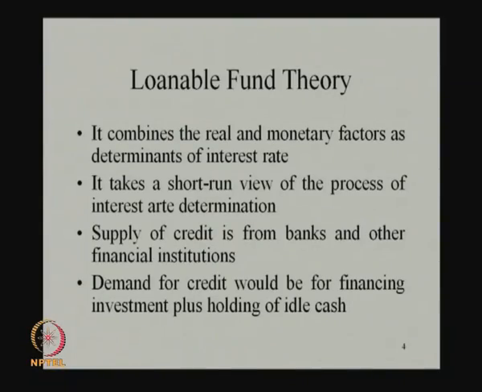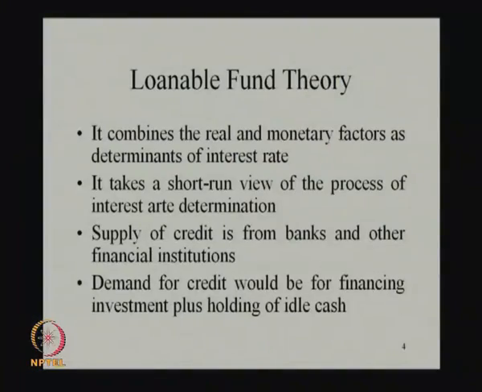So, according to the loanable fund theory, both nominal and real variables have a significant role in determining the interest rate in the financial market. Another argument on how this theory is different is that it takes a short-run view of the process of interest rate determination. Apart from the long run view, this theory talks about interest rate determination from the short run perspective.